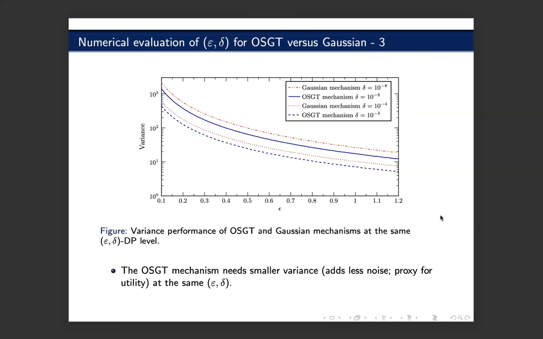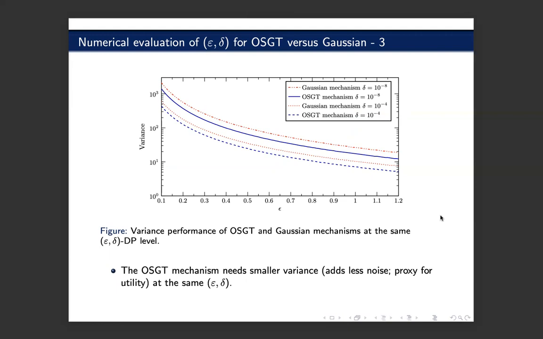Then you might ask, I want to have a certain epsilon and delta, but I want to know what is the variance of the distribution. So I fix delta, for example for 2 of these curves to be 10 to the minus 8, and I plot what variance I need to add to the query to achieve this delta with any of these epsilon values.